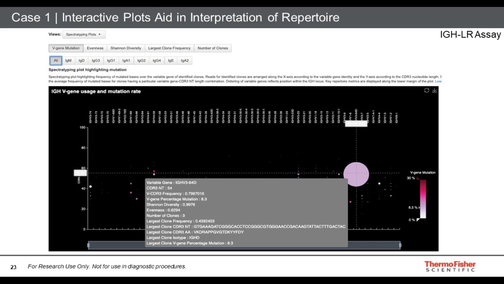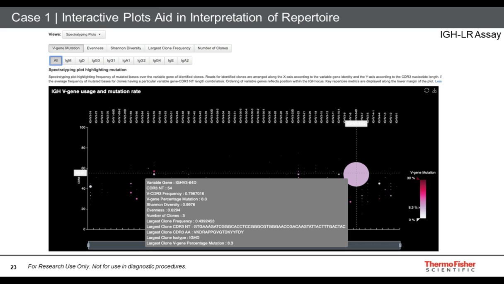And here you'll note that at this position in the repertoire, the largest clone has a frequency of 44% and a V gene percentage mutation of 8.3%, noted at the bottom of the pop-up. So within CLL, this 8.3% V gene mutation would be interpreted as a good sign, and so a potentially better prognosis. Now you'll note at the top there are buttons that may be clicked by the user.